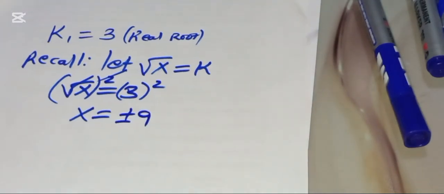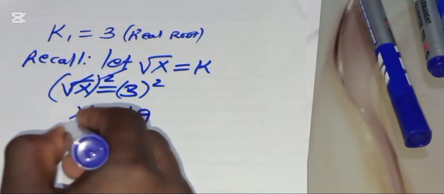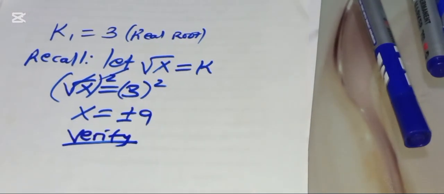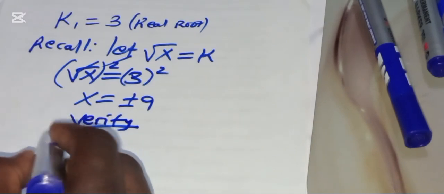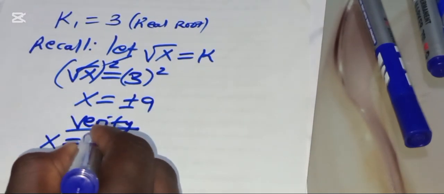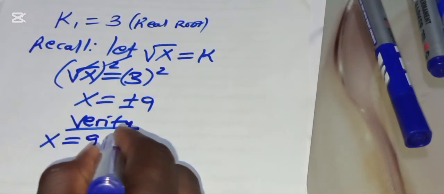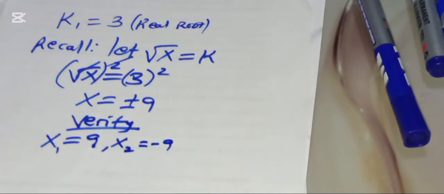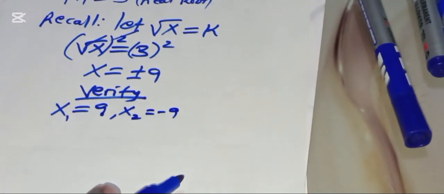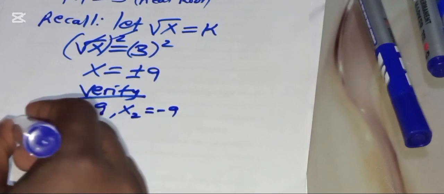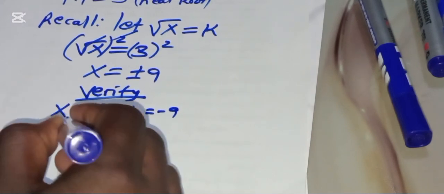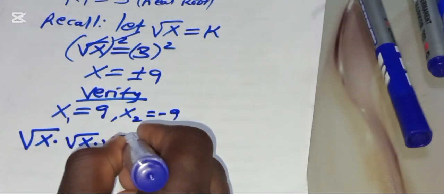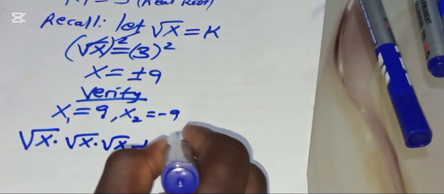All right? Now let's verify if this value of x is actually correct. We have the square root of x multiplying by square root of x multiplying by square root of x plus square root of x.